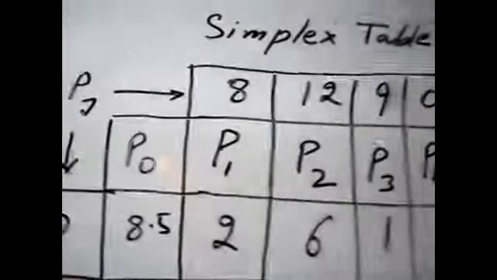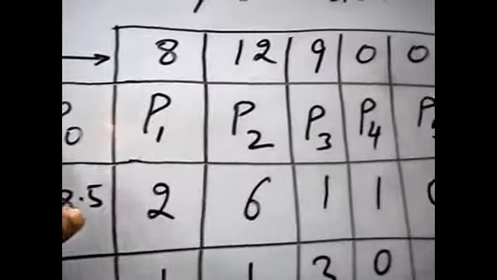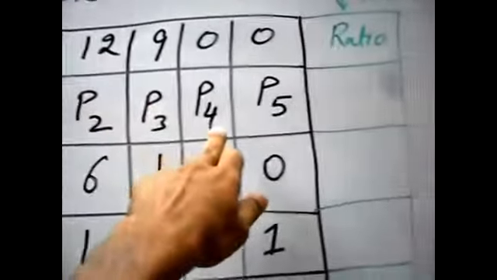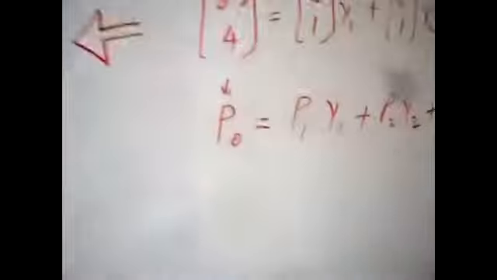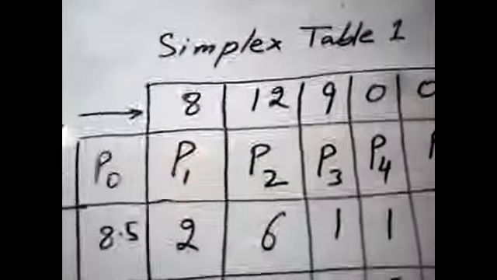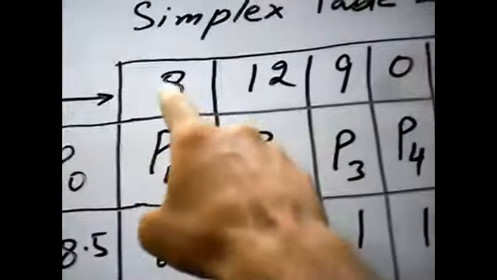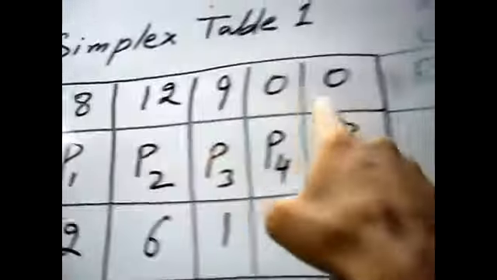First show this row p0, p1, p2, p3, p4, p5, and above we show pj, the objective function 8, 12, 9, 0, 0.